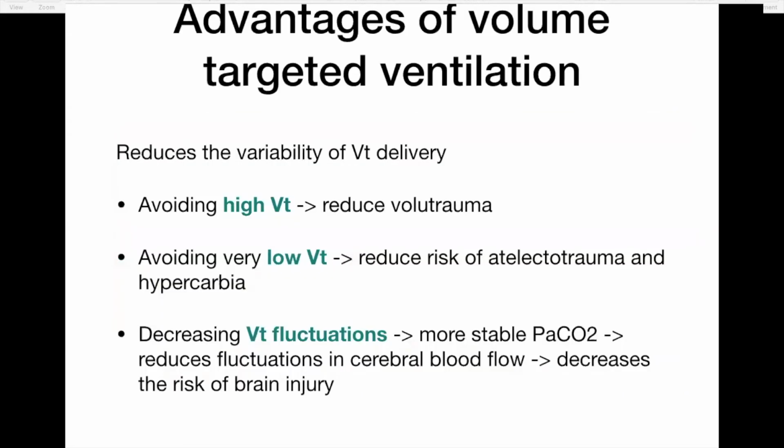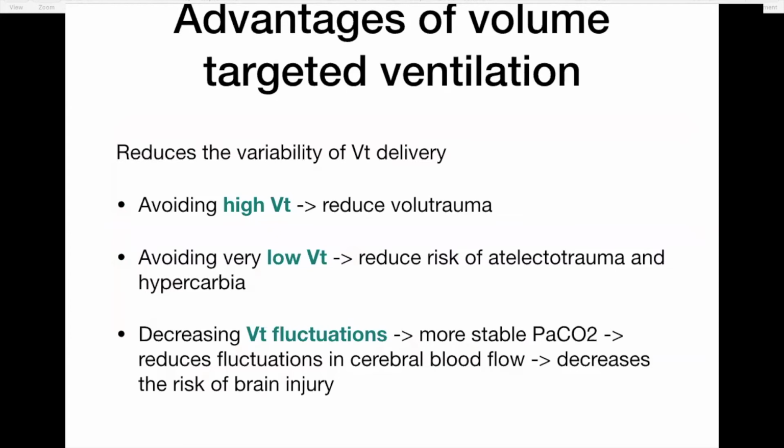So there are numerous advantages of volume targeted ventilation. The main thing is going to reduce the variability of the tidal volume. And with this, we can avoid delivering too high tidal volumes, so we can reduce volutrauma.